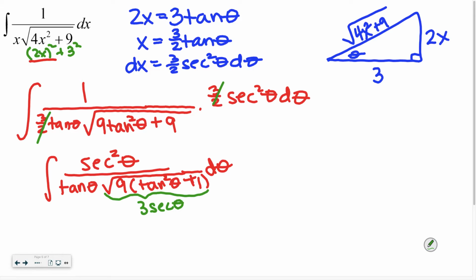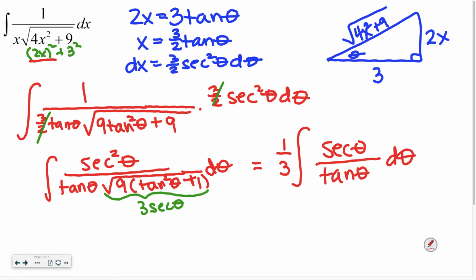Can we do that? Yep. So I'm going to bring the 3 in the denominator out front so we don't have to worry about it. And we end up with secant theta over tangent theta.